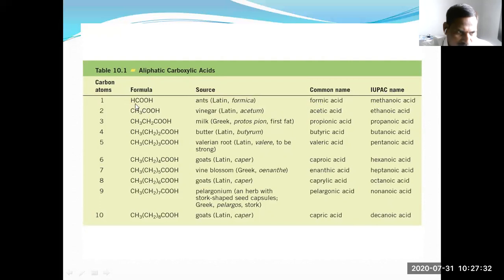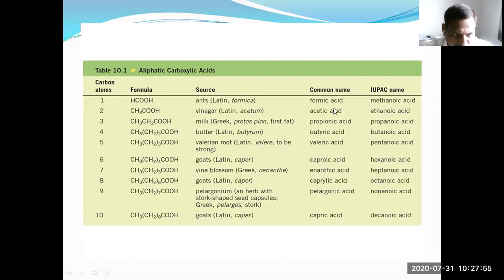The one-carbon alkane is methane, and you substitute the suffix oic acid for the small e. So we get methanoic acid, the IUPAC name of this carboxylic acid.